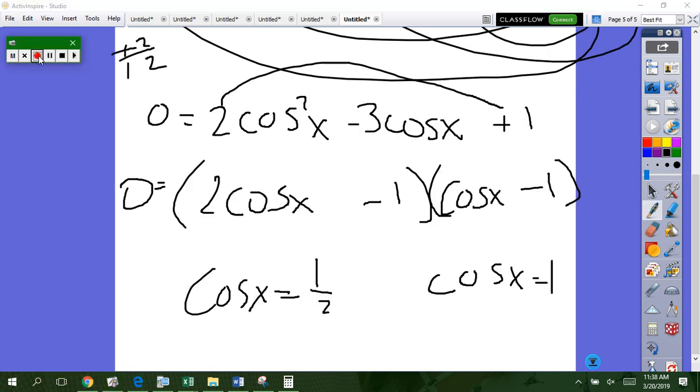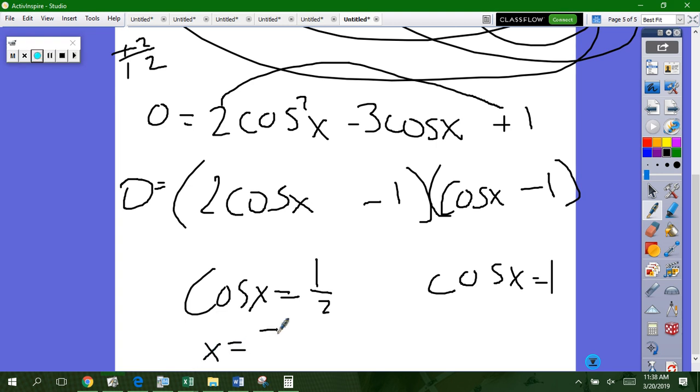We'll push pause. Factors. I went ahead and factored, and then I set them equal. Oh, I think it can. You want to know where? Pi thirds, and 5 pi thirds plus 2 pi n.